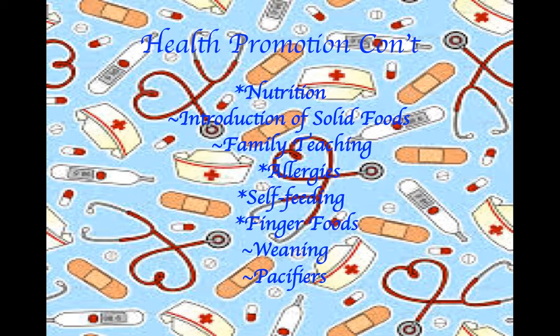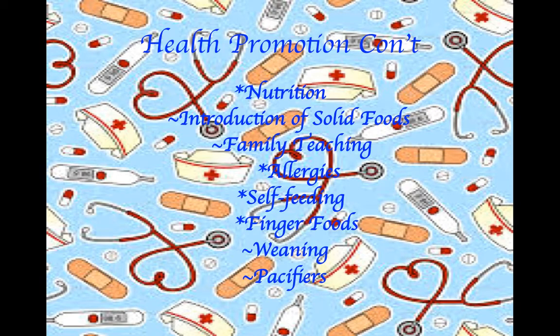Usually the first food that is introduced will be your iron fortified rice cereal, since it is easy to digest and the least likely to cause allergies. The cereal can be mixed with formula or breast milk and then later on juice or fruit.